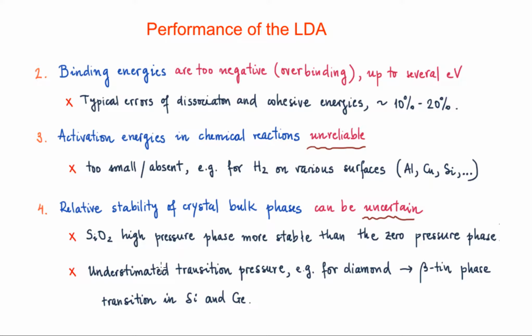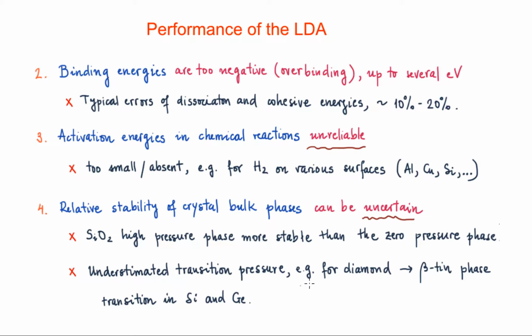Related to that, sometimes the transition pressure, which is calculated when you have a phase transition under pressure, is underestimated. Again, if you apply a pressure, you can have a phase transition from one structure to the other, and the pressure where you expect this transition is called the transition pressure. The calculated transition pressure compared with the experimental one is usually underestimated.